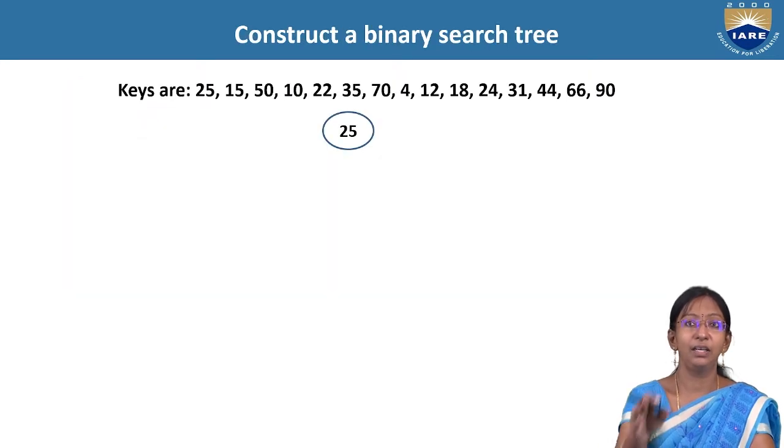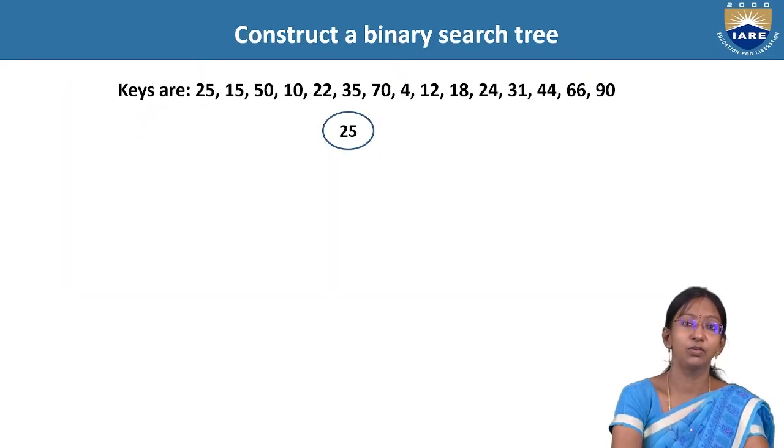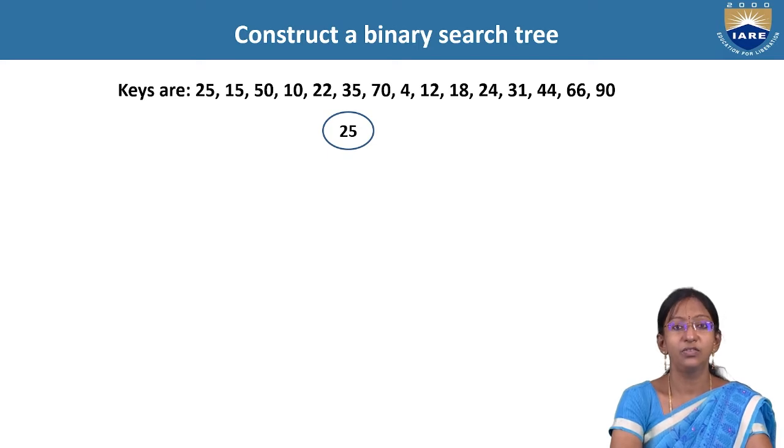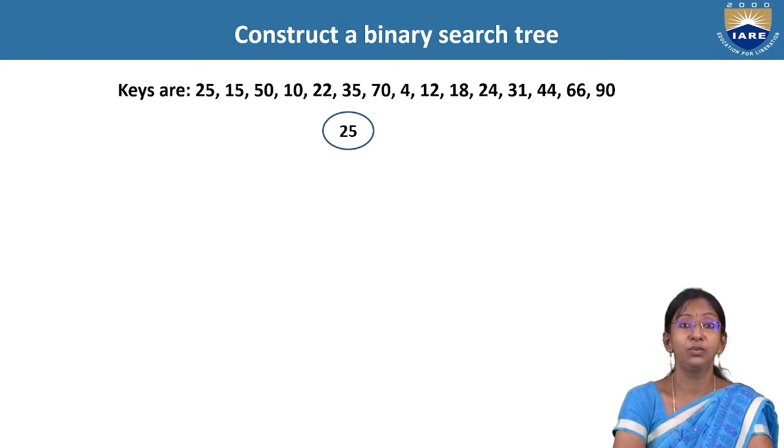If they give you a list, something like this, and ask you to construct it, keep the first element as the root and compare the remaining elements with the root and its children and grandchildren, and check where the new node is going to settle. So the next element is 15. As it is less than 25, it will go as the left child. 50, as it is greater than the root, will go as the right child.